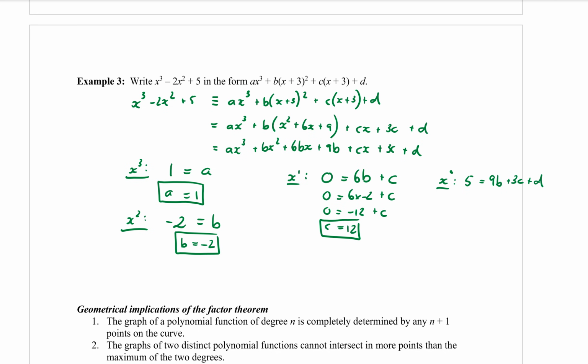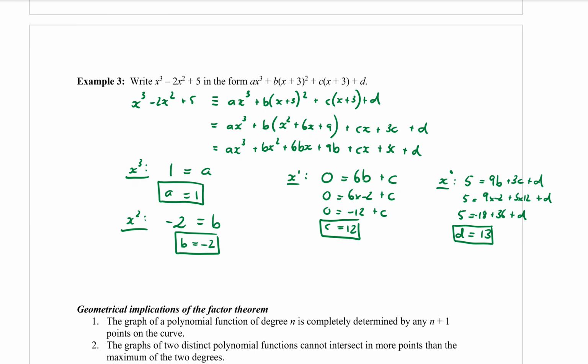So subbing in the b and the c that I already know, I would get 5 equals 9 times -2 plus 3 times 12 plus d. 9 times -2 is -18. 3 times 12 is 36 plus d. And if I move the -18 and the plus 36 across to the other side, I get d is equal to 5 plus 18 minus 36, which is 13.